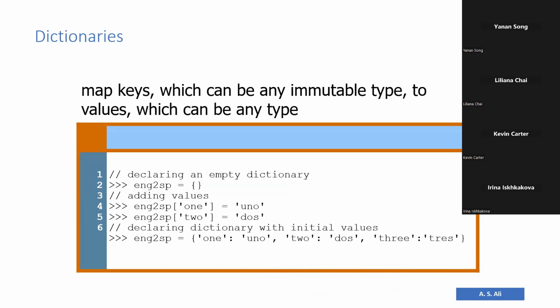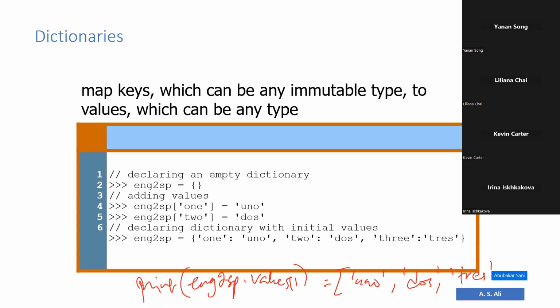If I want the values, the same thing, English to Spanish dot values. If I print this, it will print for me a list of the values: uno, dos, tres. This is what the computer will do for me.